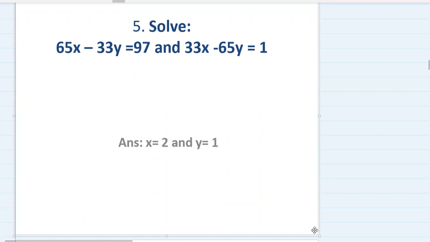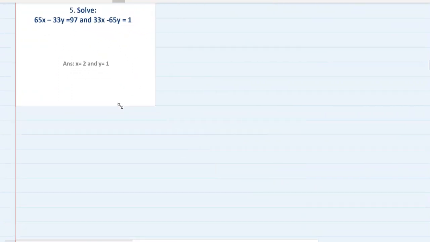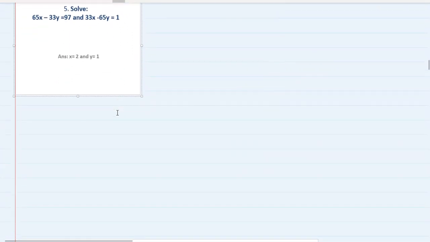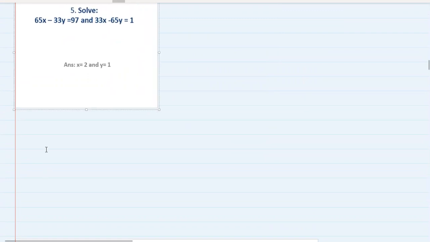Now this is a very interesting kind of equation which we have got over here, and I want you to understand the method which I'm going to use for solving this type of equation, and what is the pattern which we are seeing in this type of equation. That is also very interesting to note. Let's check.